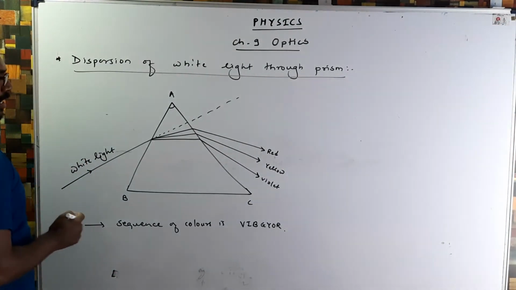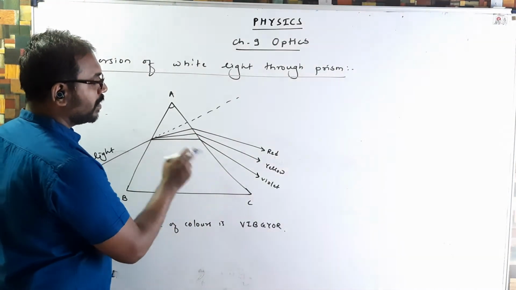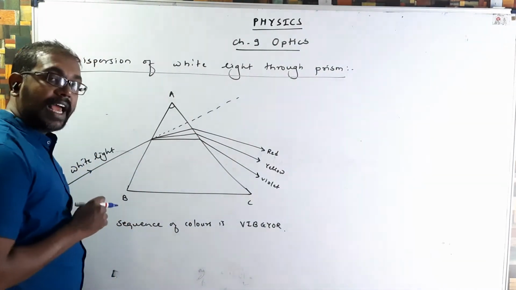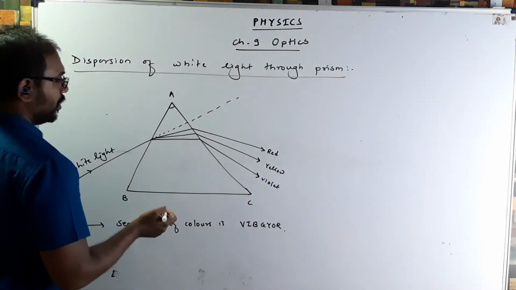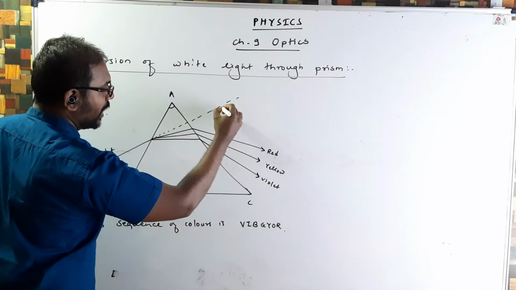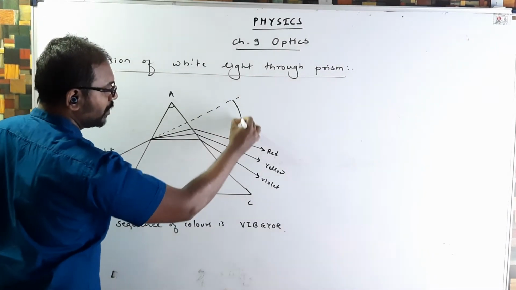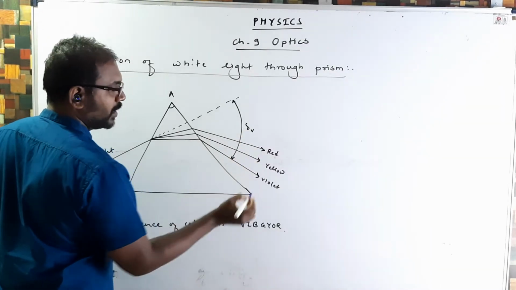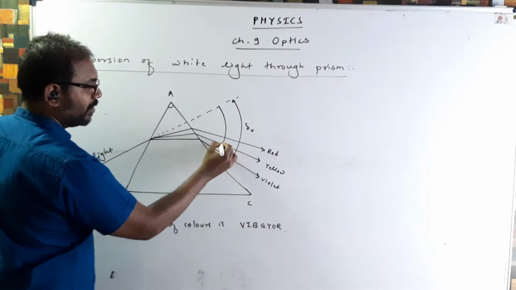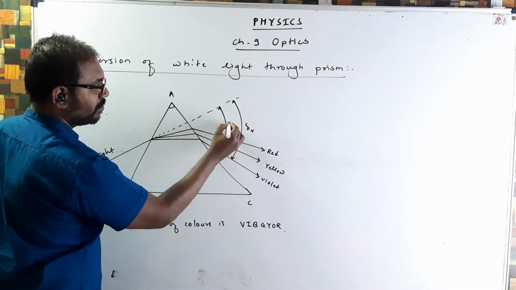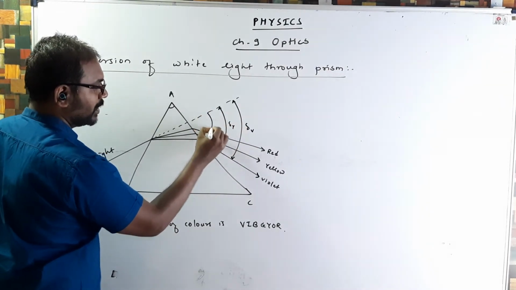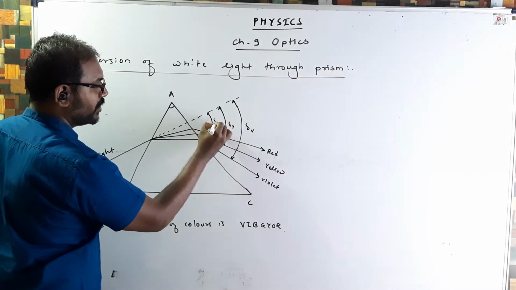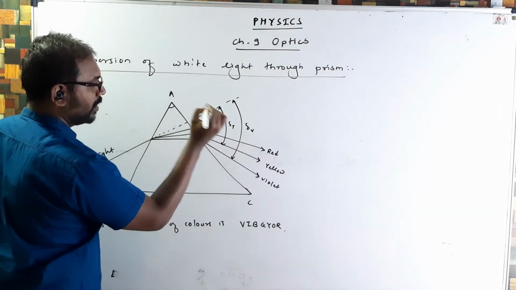Now pay attention here, these different colors have a different angle of deviation. So this is the angle of deviation for violet color, this is the angle of deviation for yellow color, and this is the angle of deviation for red color.